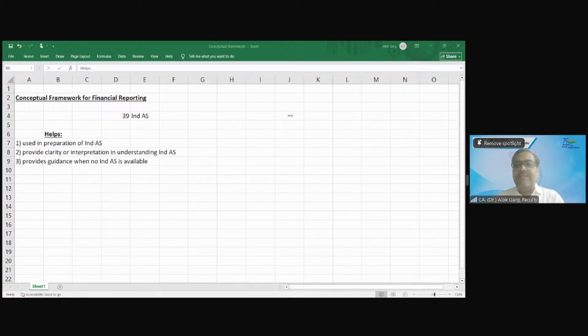Yes, good. I can see a lot of interaction from the students, writing on the chat box. Believe me, in virtual classes, till the time you do not engage, you will not enjoy the session. Please try to write yes, no on the chat box, try to answer. Like Megha has given a detailed answer: sir, it is used for drafting Ind AS.